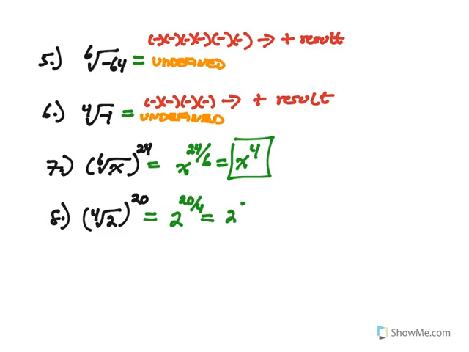So that becomes 2 to the 5th power. Now we're going to get 32. 2 to the 5th power is 2 times 2 times 2 times 2 times 2. That's going to equal 32, and that would be your answer for that.